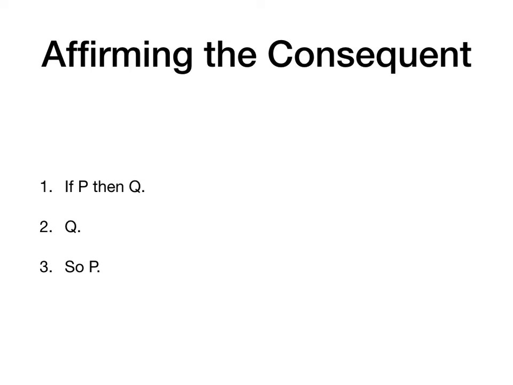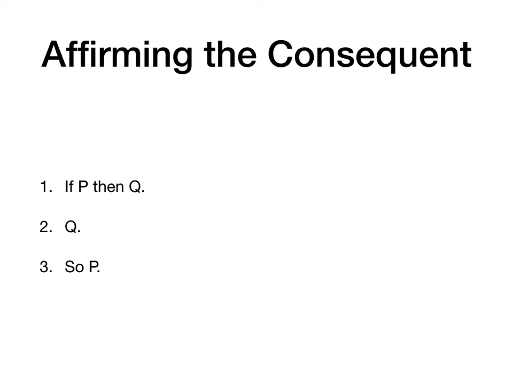Affirming the consequent is a very, very similar sort of fallacy. These two are really closely related. So affirming the consequent is: if P, then Q; Q, so P. But again, it's the same mistake, right?